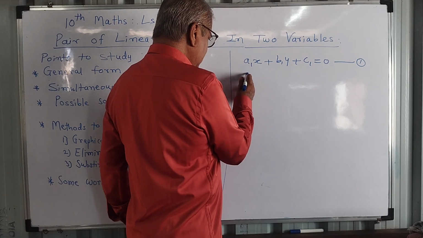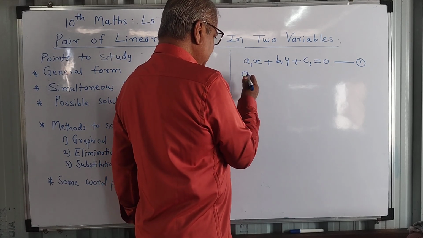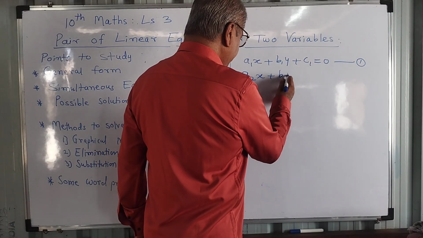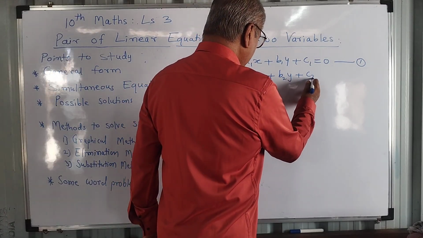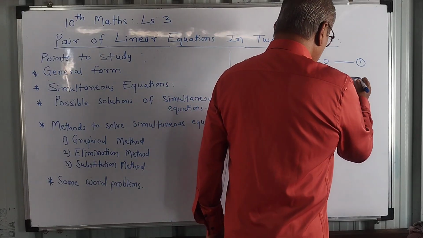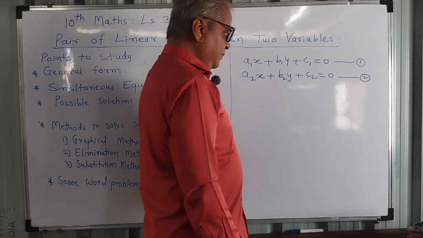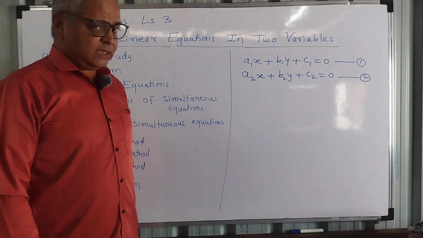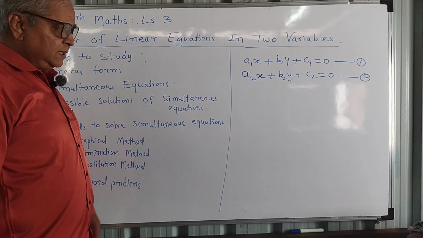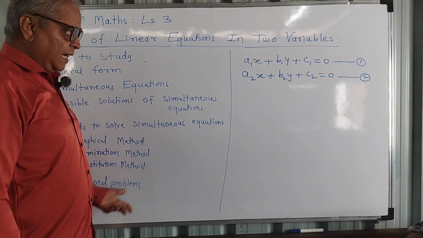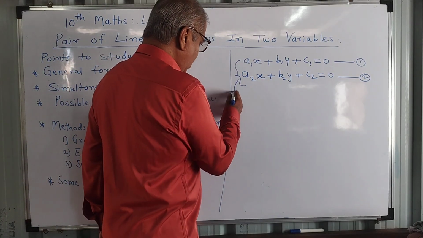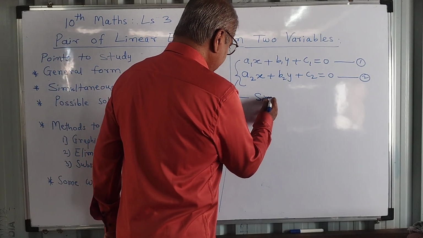And the second equation, I need to change the coefficients: a2x plus b2y plus c2 is equal to 0. This is equation number 2. If you consider any two equations in two variables at the same time, then such equations are called simultaneous equations.